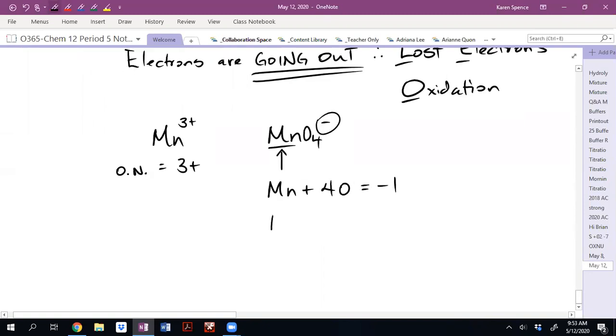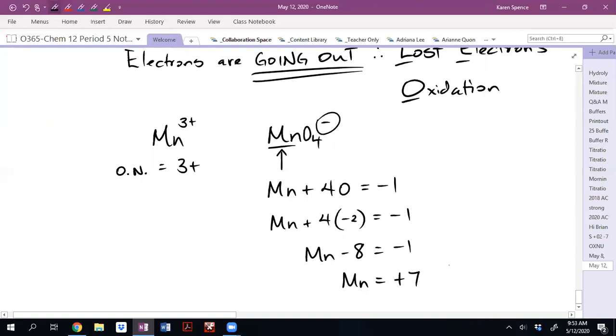So we are looking for manganese. Oxygen has an oxidation number of -2, and so that gives us manganese -8 equals -1. So that means that manganese is equal to +7.